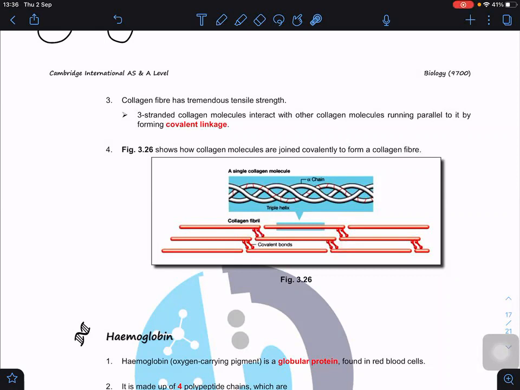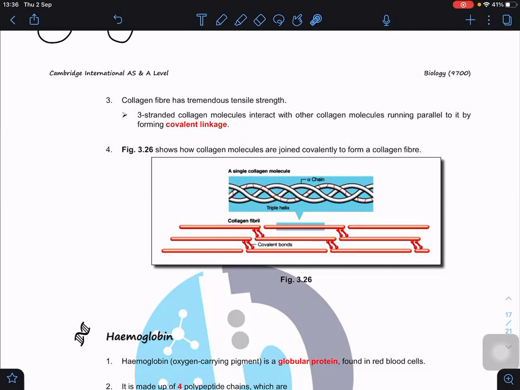So within one collagen molecule, they link by hydrogen bond. But between collagen molecules, they form covalent bonds. So hydrogen bond, covalent bonds. Are you clear? Again, hydrogen bond, covalent bond. And they stagger like this, making them have high tensile strength. Okay, so they interlock something like this.